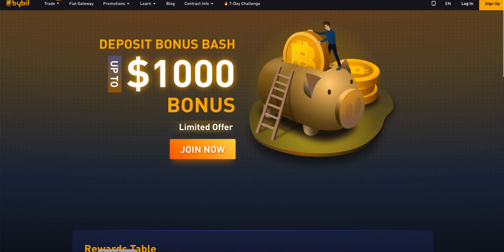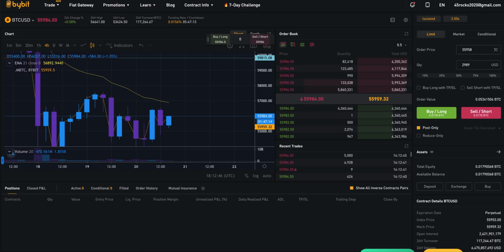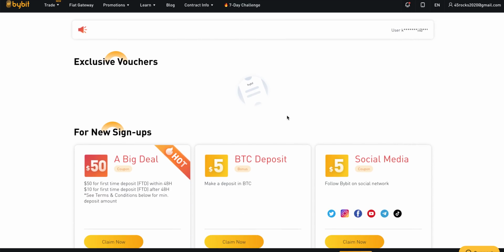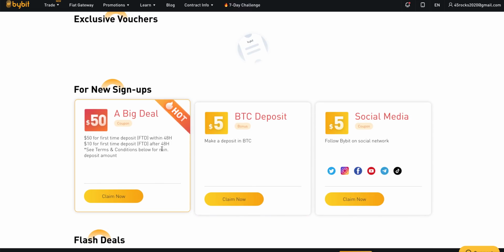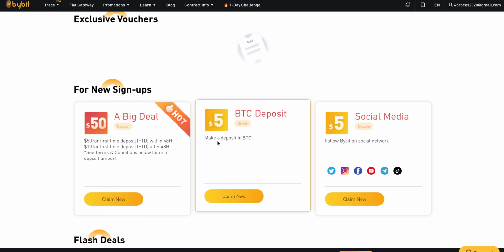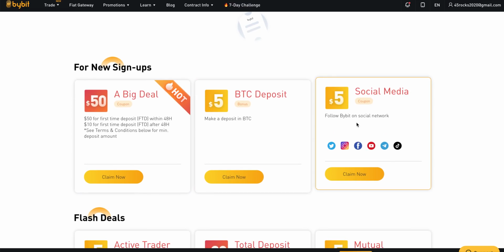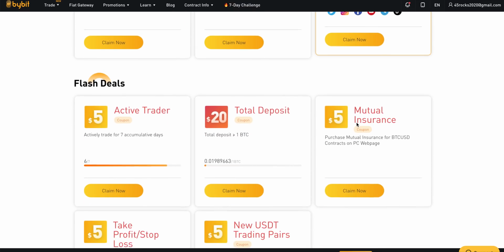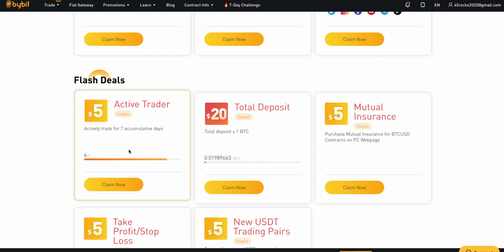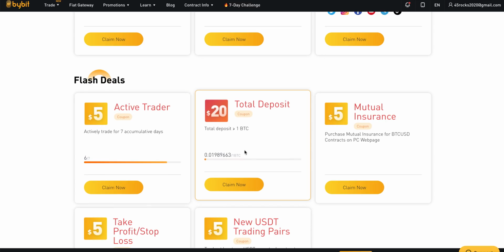There's also a lot more bonuses and stuff like that Bybit has. If you sign up and go to their rewards hub, you can get a $50 bonus for depositing Bitcoin. You can get a $5 bonus for making a deposit in Bitcoin. For following Bybit on social media, you can get $5. They always have their flash deals in here, where if you trade for 7 days in a row, you can get $5.